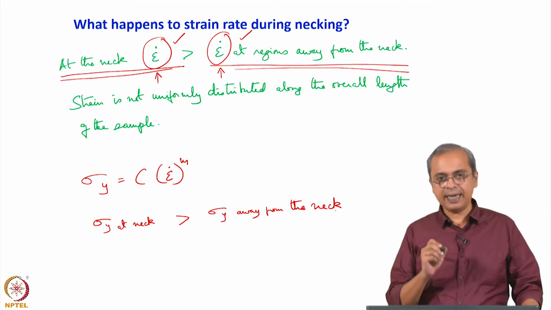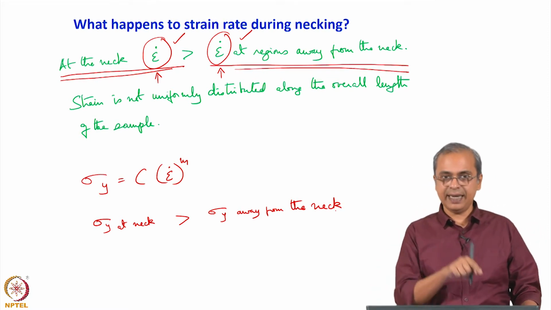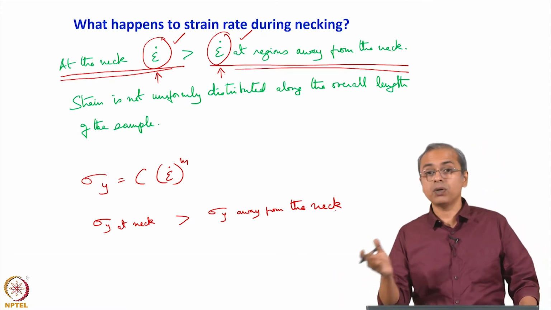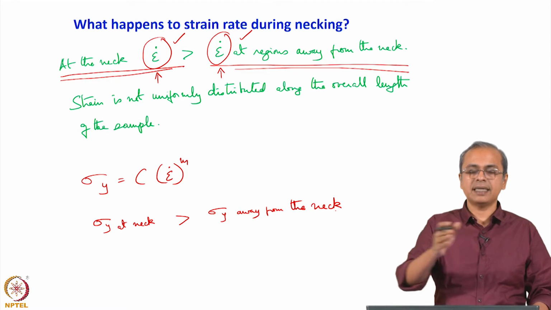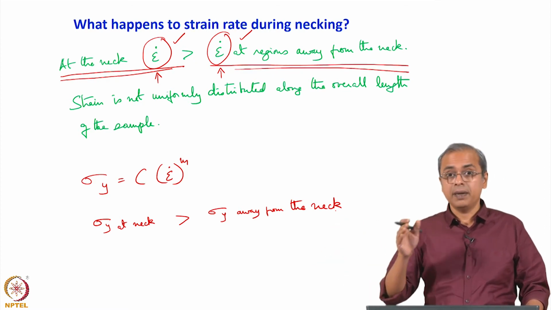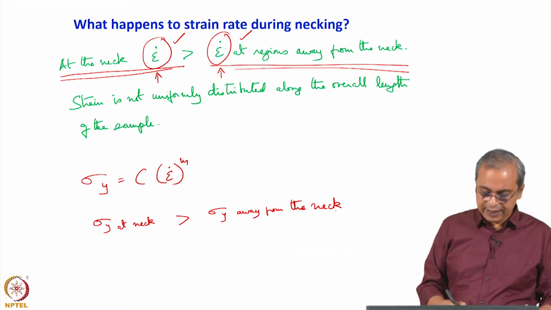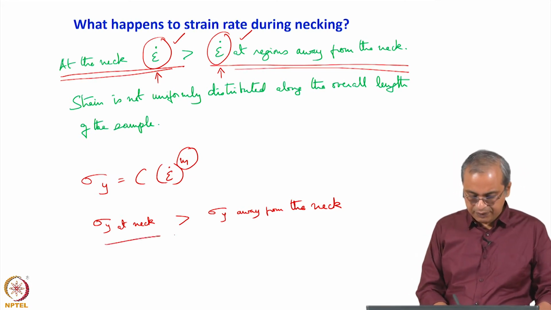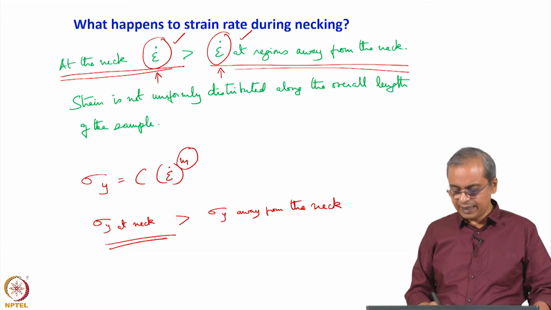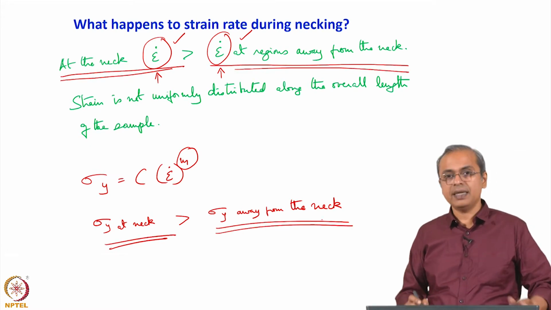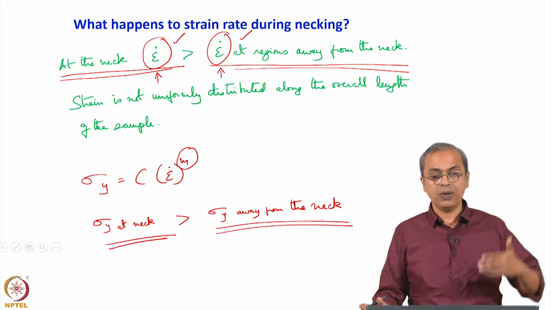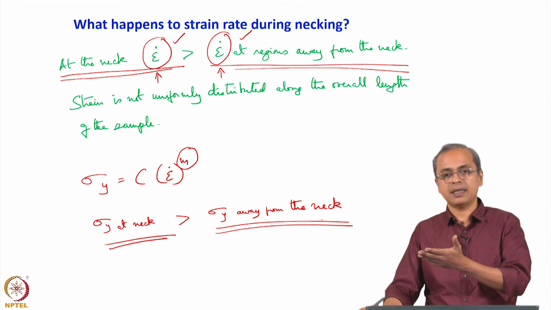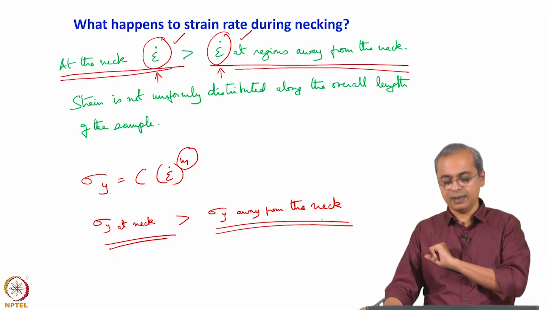Okay. So, the yield stress at the neck is now higher than the yield stress at regions away from the neck, because the strain rate at the neck is higher. More importantly, when the strain rate sensitivity index is high, this difference between the yield stress at the neck and away from the neck is also drastically higher. You have much higher yield stress at the neck relative to regions away from the neck.